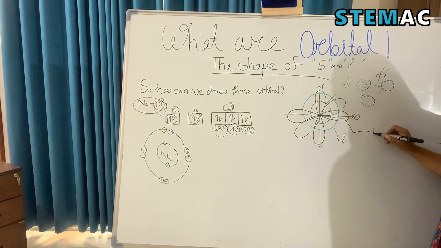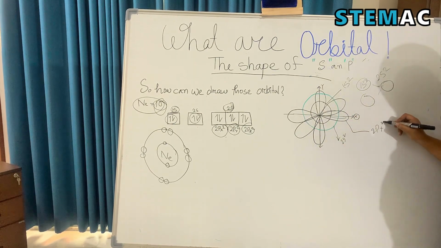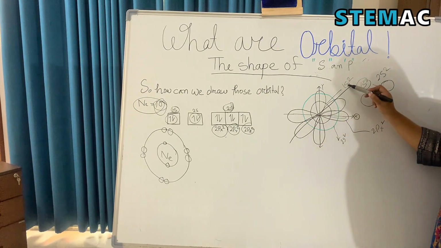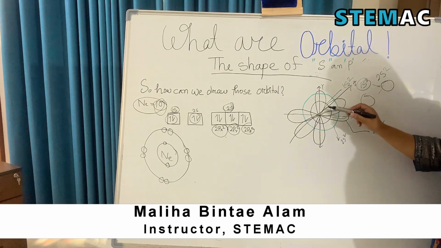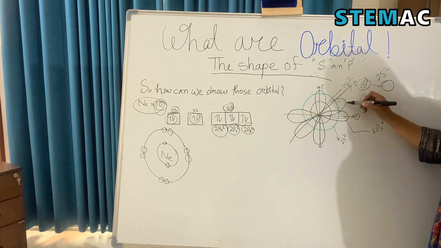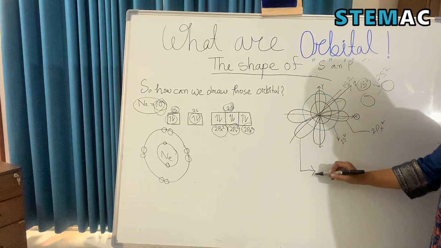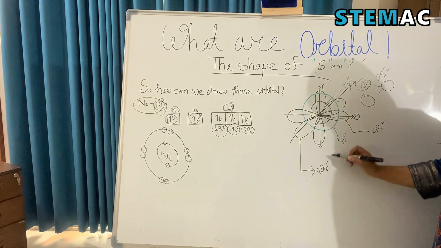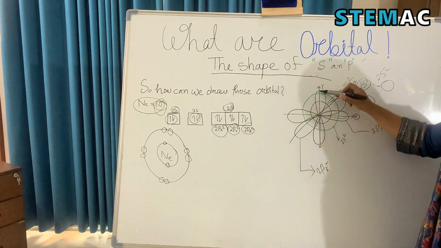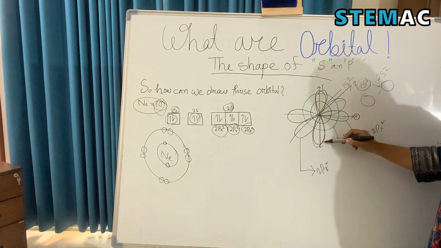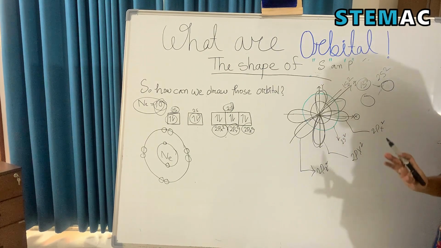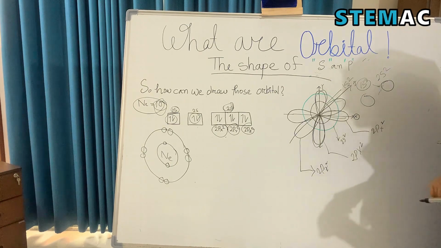In the middle we have the z axis, 2pz square. And here in the y axis we have 2py square, where we see a dumbbell. Next we're gonna learn about the d orbital shape.